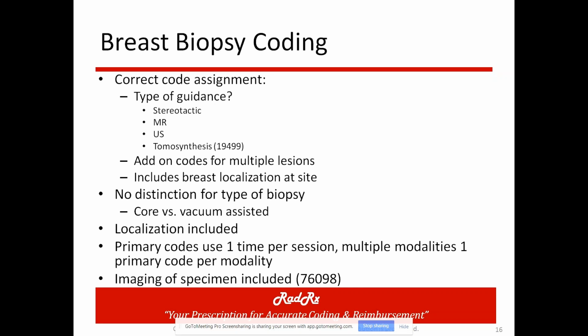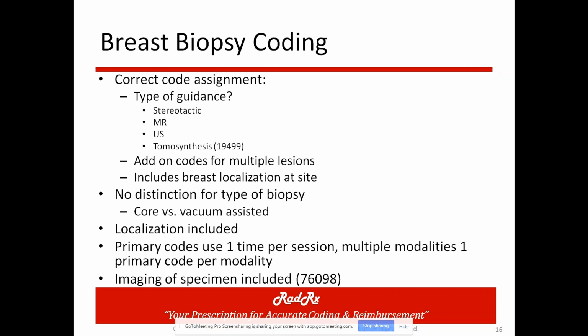As we just saw, we had add-on codes for multiple lesions, and it includes that breast localization at the site. And what's nice about these codes for breast biopsy is that there's no distinction for the type of biopsy. With the old codes, we had to look at the report and determine, for example, whether we had a core, whether we had a vacuum assisted, and the reports weren't always 100% clear.